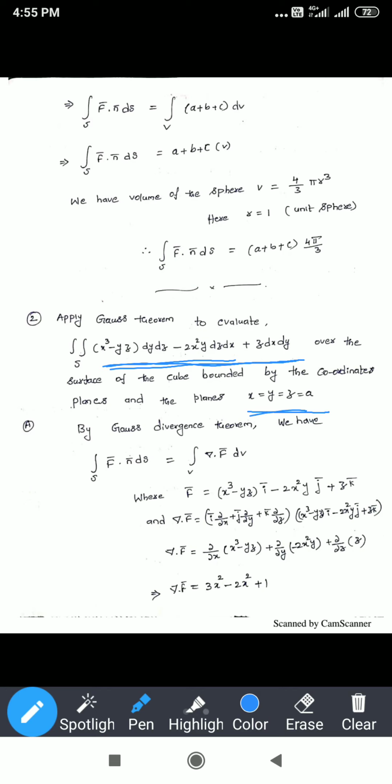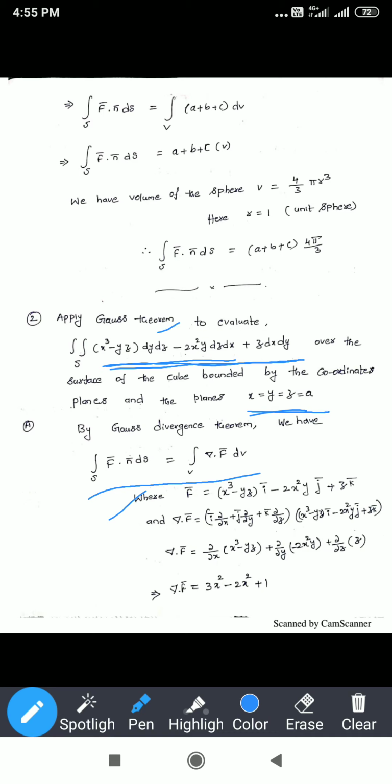Now come to our Gauss divergence theorem. We know the relation, the transformation between surface and volume: the surface integral of f bar dot n bar ds is equal to the volume integral of del dot f bar dv. So you have to pick the f bar from here.